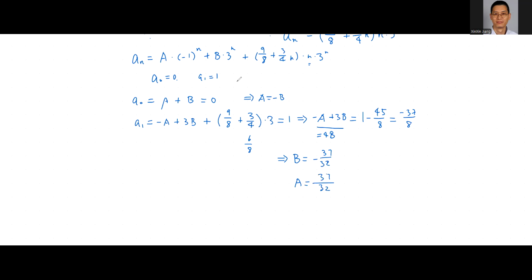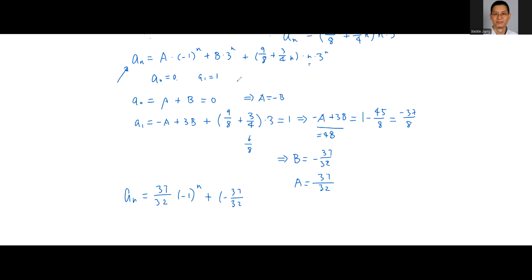All right, then plug it back into this. I get a sub n equals a, so 37 over 32 times negative 1 to the n plus b, so negative 37 over 32. You actually can combine the last two terms. It is 9 over 8, right?